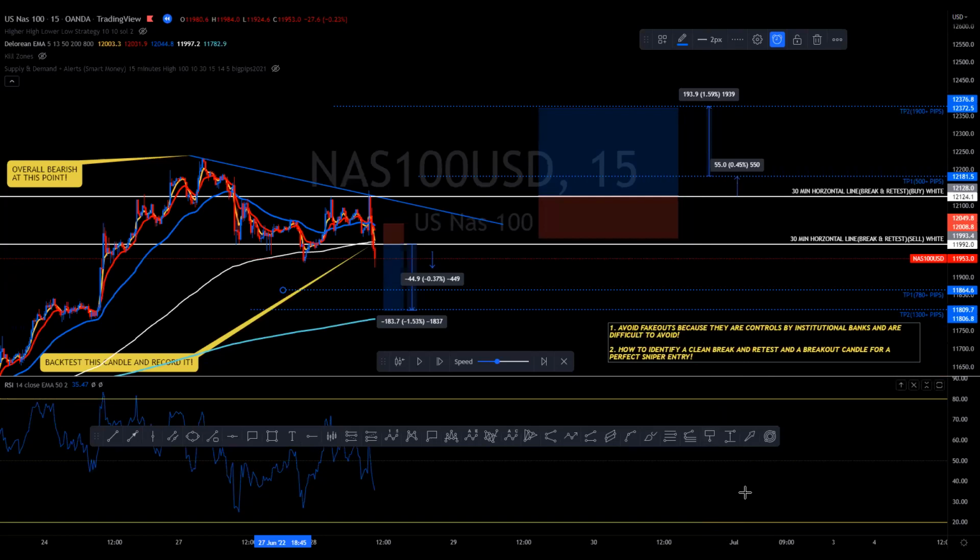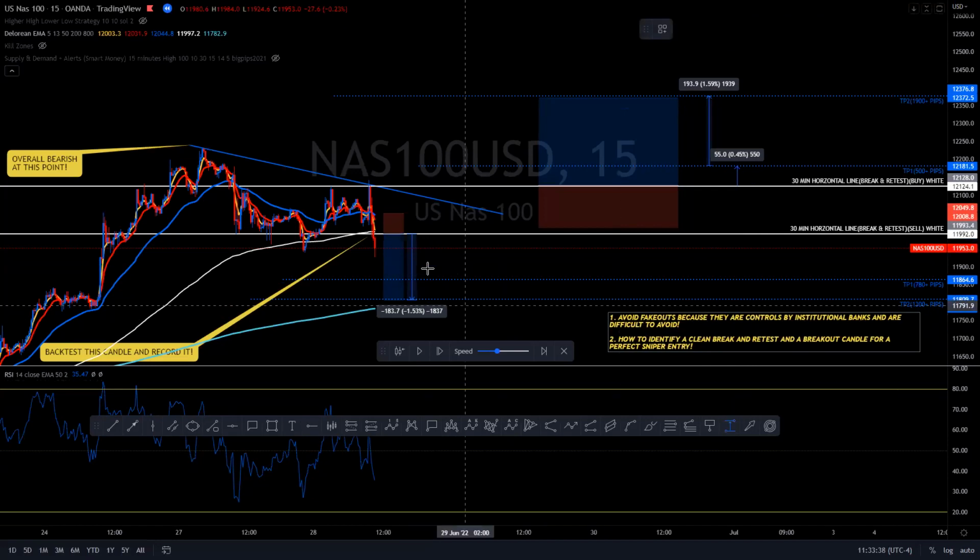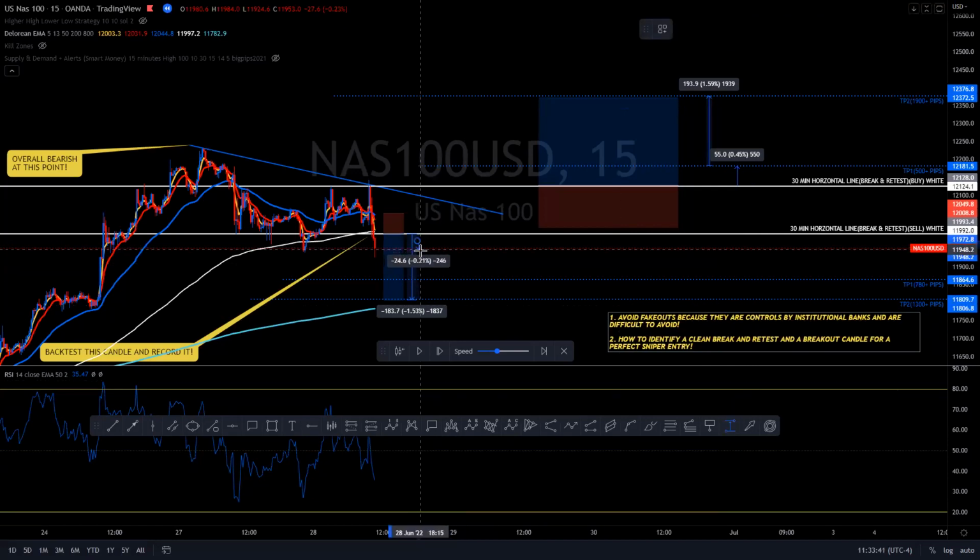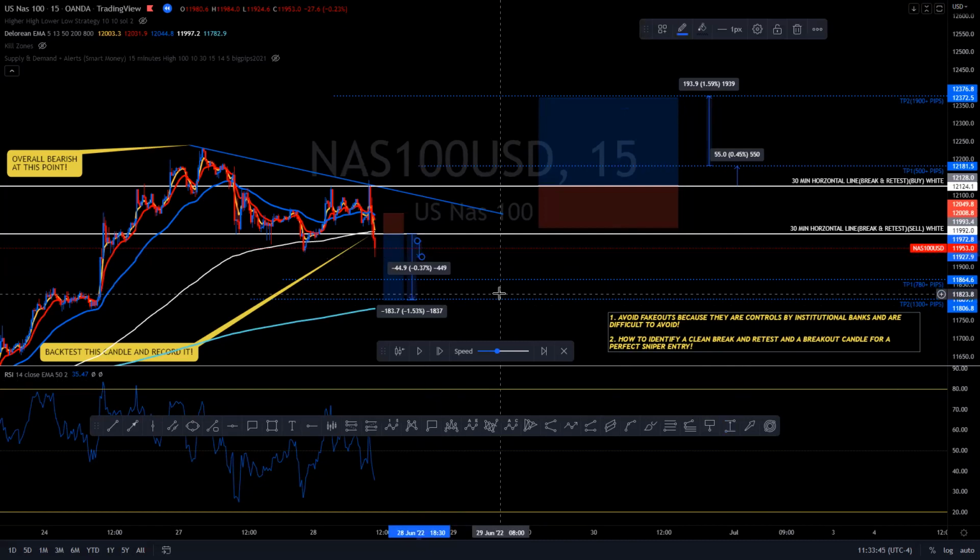Based on that recording, you can see why it was a good idea to get into this candle here. You would have got in here, and it would have been around 43 or 44 pips.